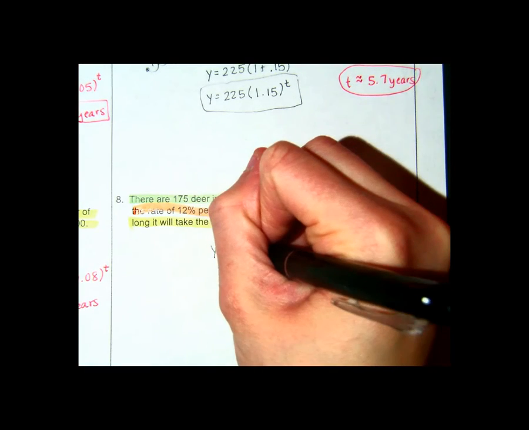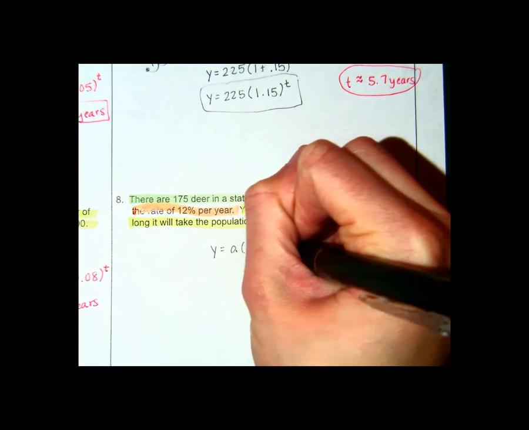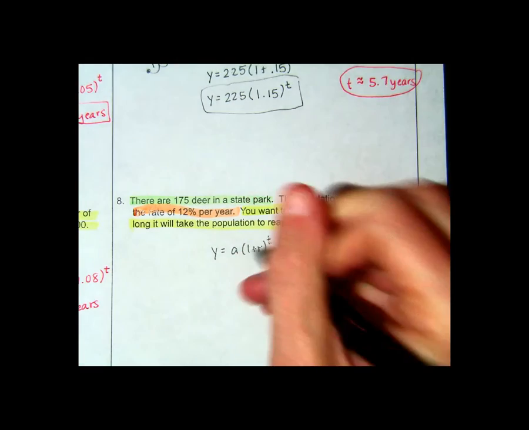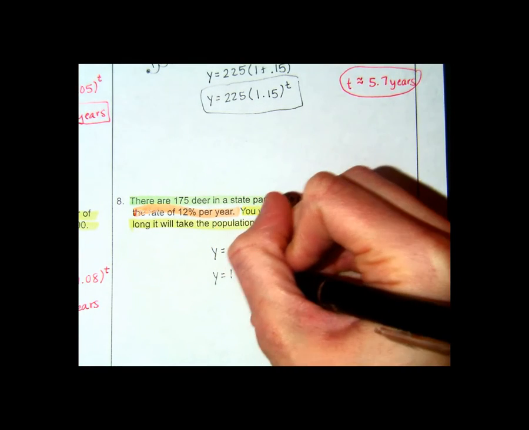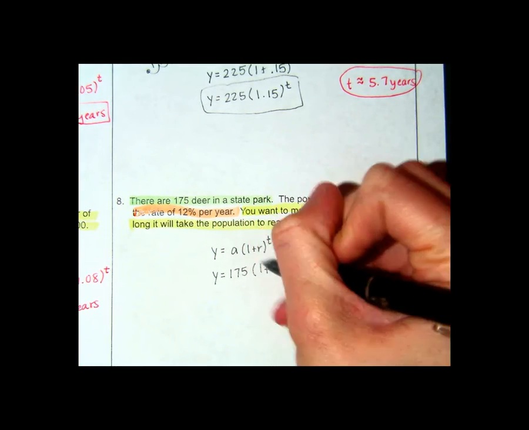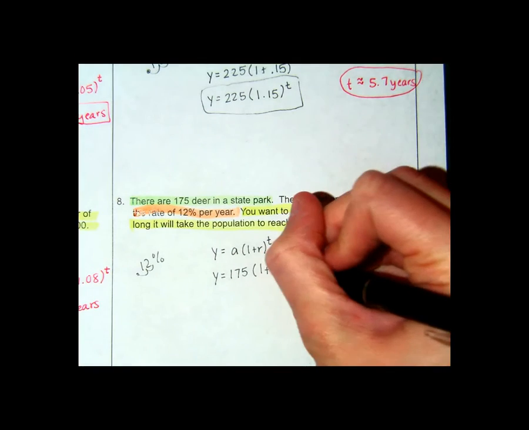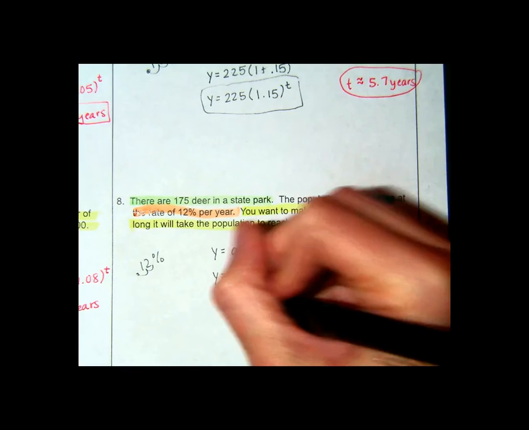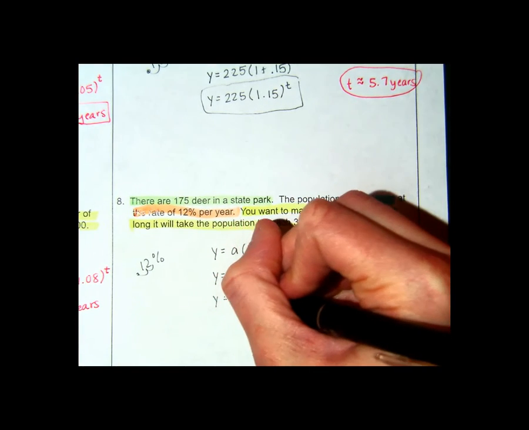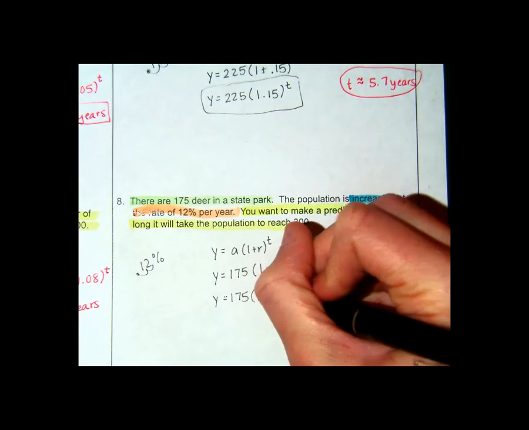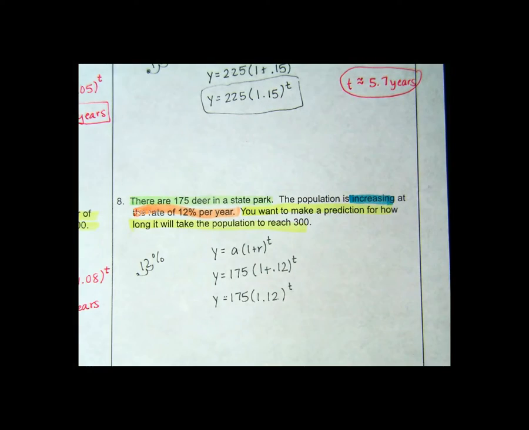Increasing, a times 1 plus r to the t. Y equals, they start at 175. We have 12%. Move the decimal place over, so we have 0.12 to the t. Combine, you have 1.12 to the t.